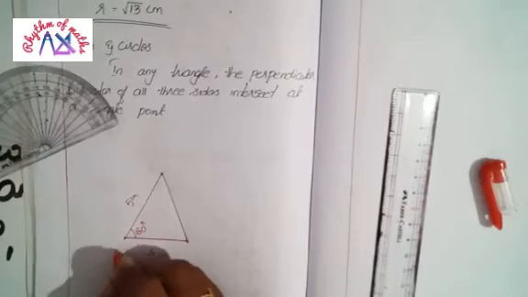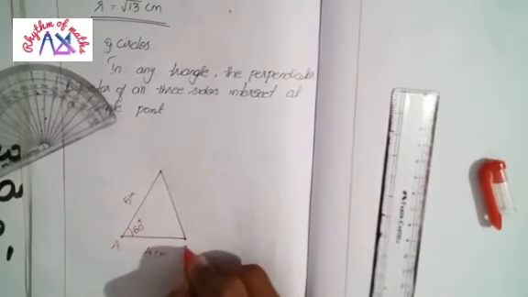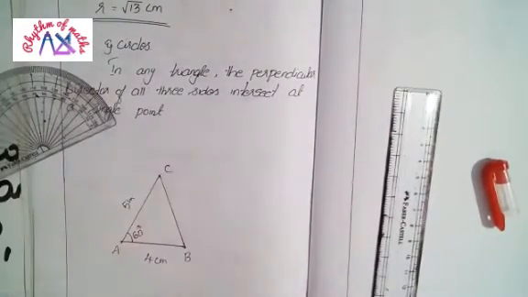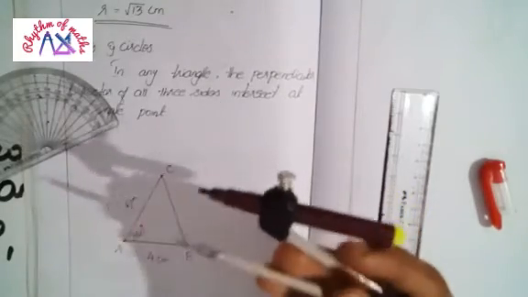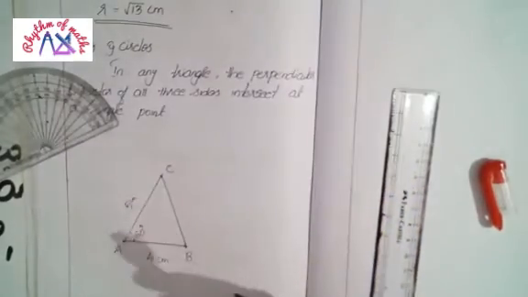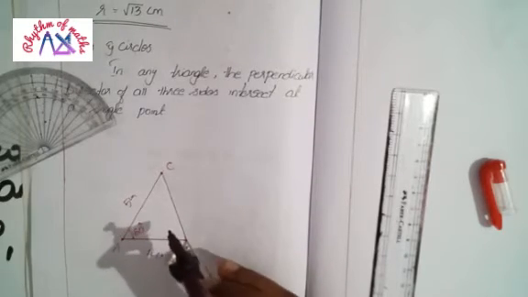Now we have to draw this triangle's circumcircle. Circumcircle of this triangle ABC we have to draw. For that, we need to draw the perpendicular bisector of any two sides. The method to draw a perpendicular bisector, you learned in 8th standard. First of all, take the compass. Keep the pinpoint at one point.